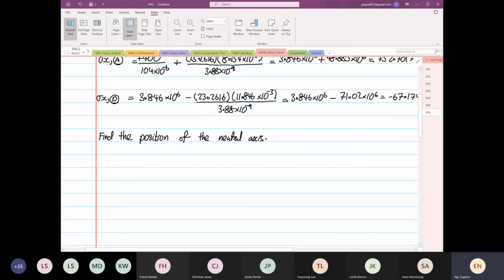So the formula to apply: the neutral axis is where we have stress X equal to 0. So we're going to apply this formula: stress X is equal to Px over A, and then the flexure formula says that this must be equal to minus Mz over Izz multiplied by y. Okay, that is the formula.